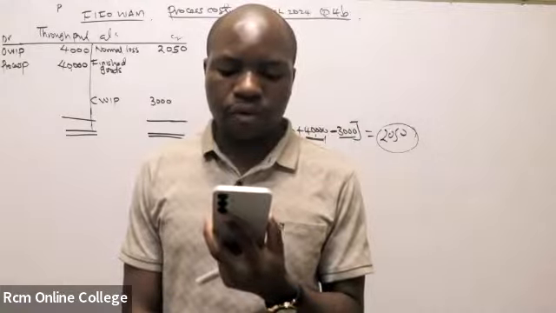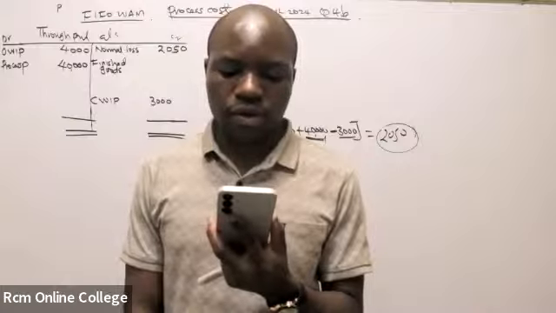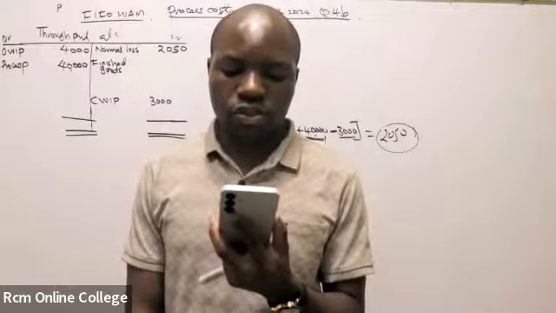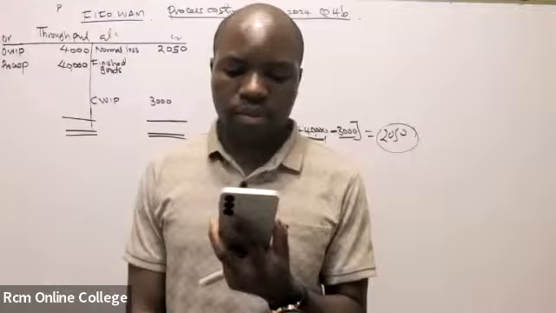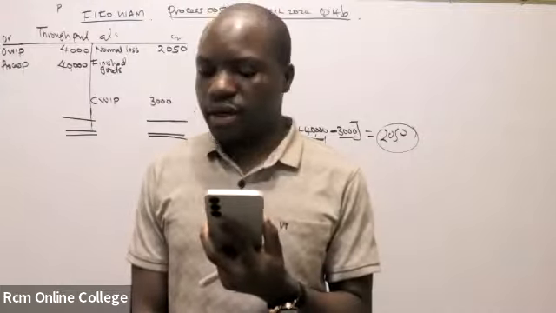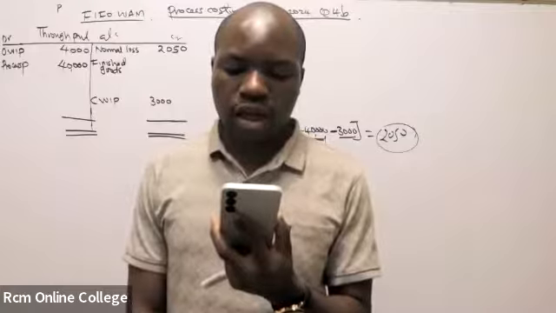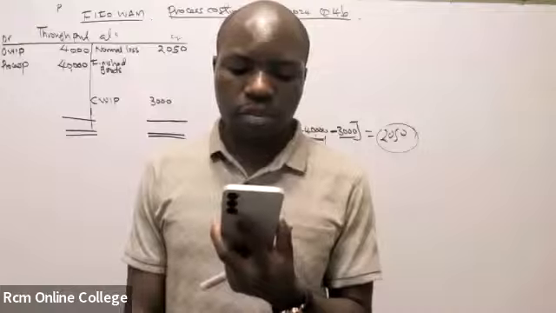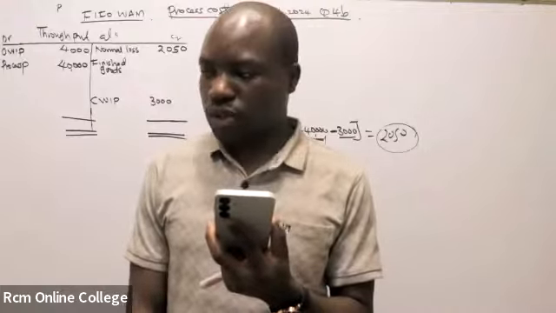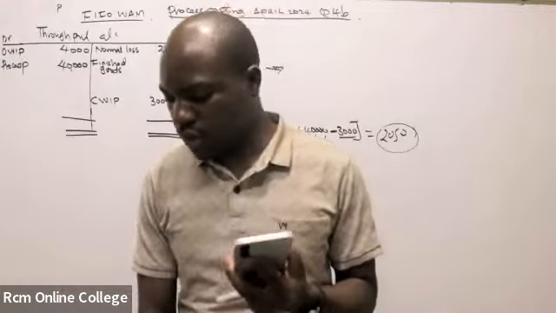Which additional information is giving you the finished goods figure? Number 4: the closing work in progress was 3,000 units with the following degree of completion. The only thing I'm able to see there is closing work in progress.